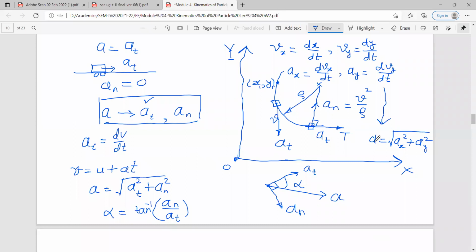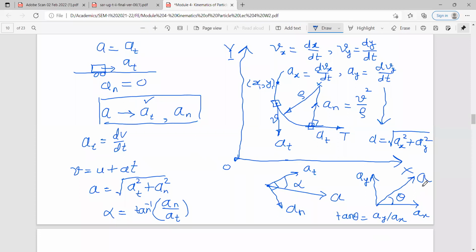If I have to show these components, I will show like this. You know, the y-axis is the vertical axis and the x-axis is the horizontal axis. And this total acceleration will be given like this. Its angle with respect to x-axis, say theta, you can calculate by the formula tan theta is equal to ay upon ax.